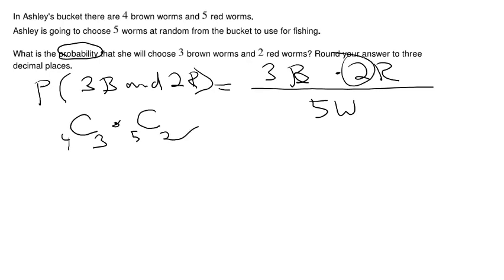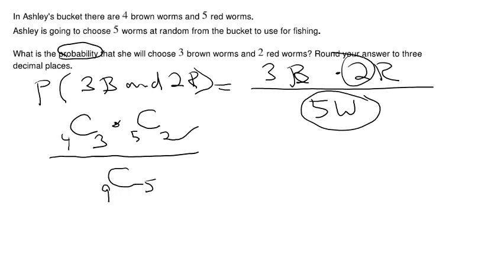2 red worms, right? In the denominator, we just need 5 worms. Well, we need to pick the 5 worms from what? The 9 worms in total. So, once again, probability is a counting problem in general. We need to ask how many ways we can pick 3 brown worms. They have to come from the 4. We need to know how many ways we can pick 2 red worms.